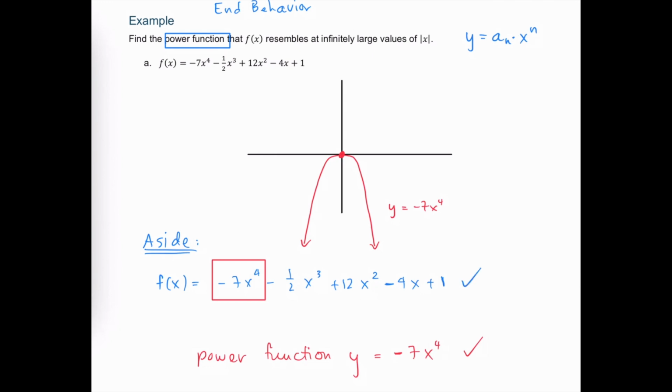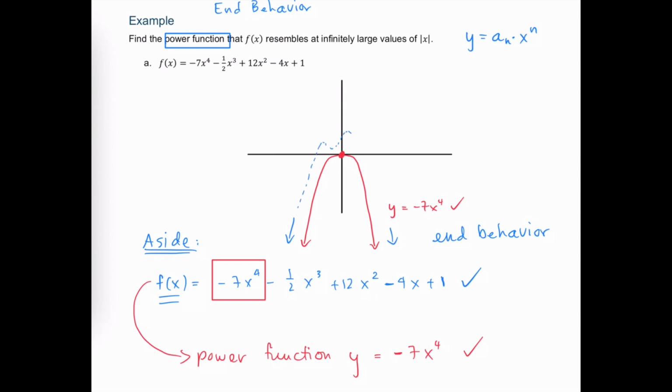This graph is going to have end behavior that is similar. When x is infinitely large, our graph f ends or finishes in the same region as the power function negative 7x to the fourth power. Now obviously these two functions are not exactly the same, and they're very different here in the middle.